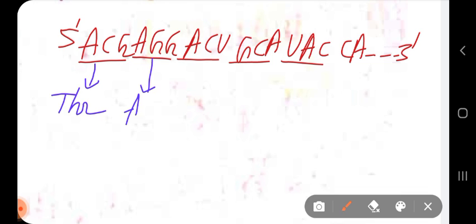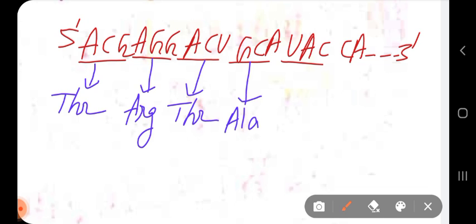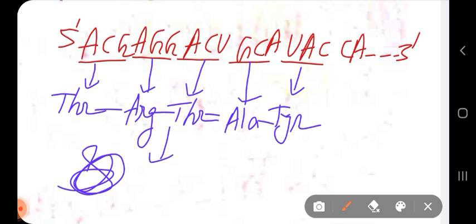It means that more than one codon can code for the same amino acid, not different amino acids. GCA codes for alanine, UAC codes for tyrosine, and these amino acids are linked together by peptide bonds, and thus we get our desired protein product that further folds onto itself into secondary structure, forming alpha helix, beta pleated sheet, beta turns, and forms quaternary structure if possible by hydrophobic interactions between more than two polypeptide chains.